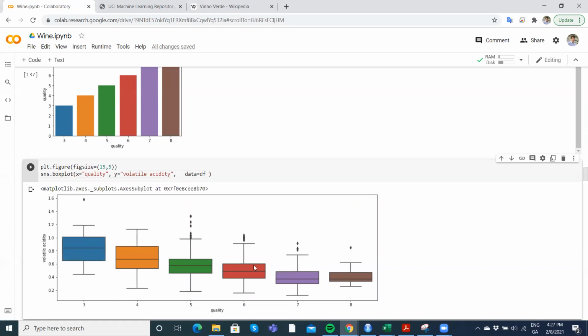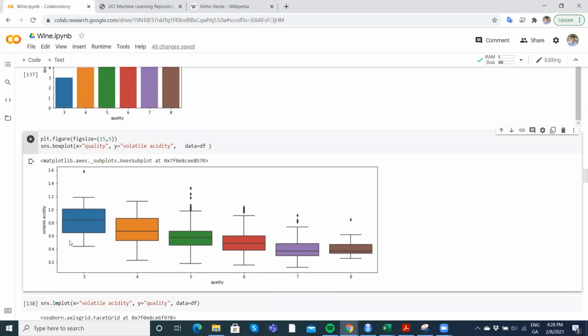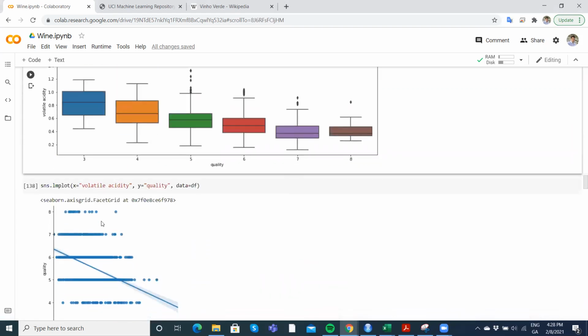And yeah, we get a negative relationship. So this is the vinegar taste, and typically we don't have that many. The 8s are not associated with this higher volatile acidity.